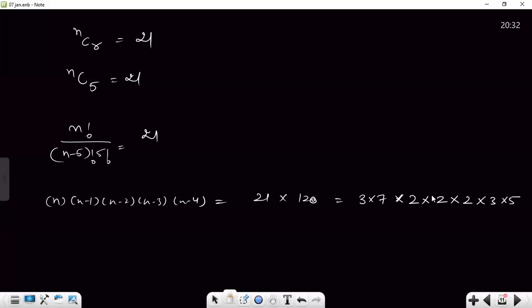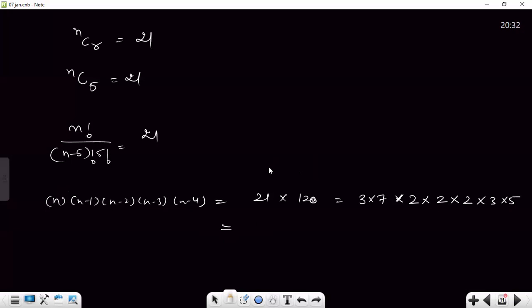Now let's see how many consecutive numbers there are: 1, 2, 3, 4, 5. 5 consecutive numbers should be there.